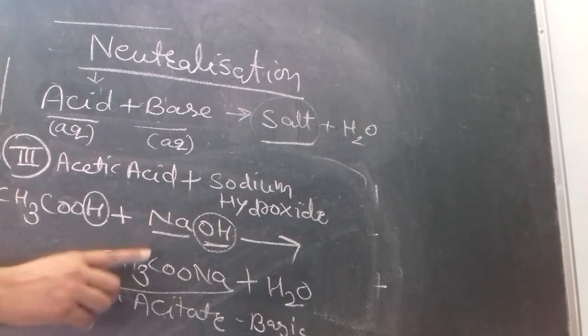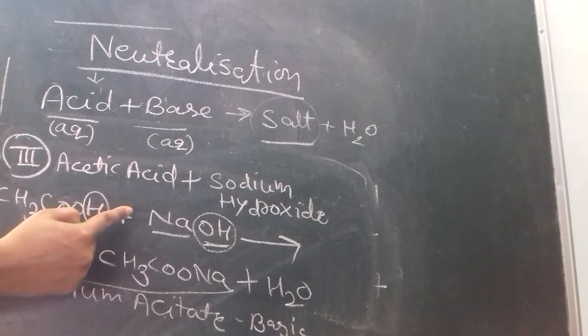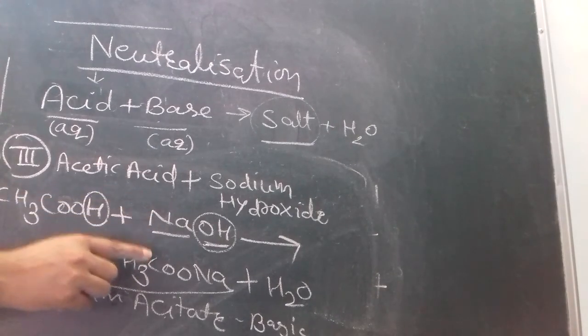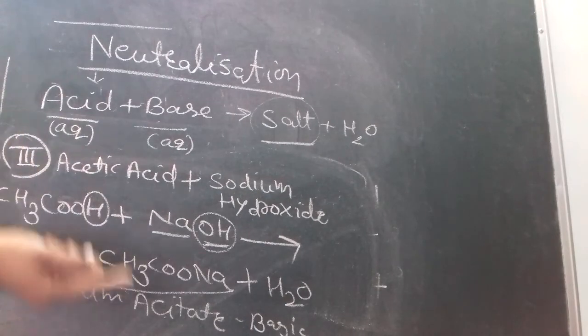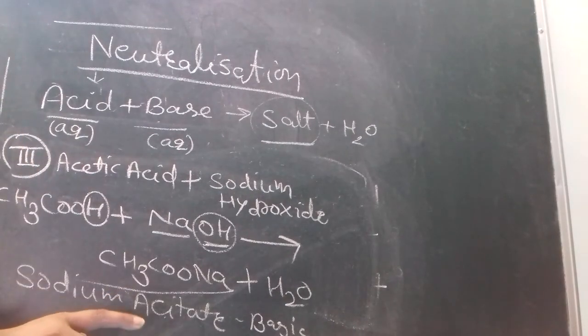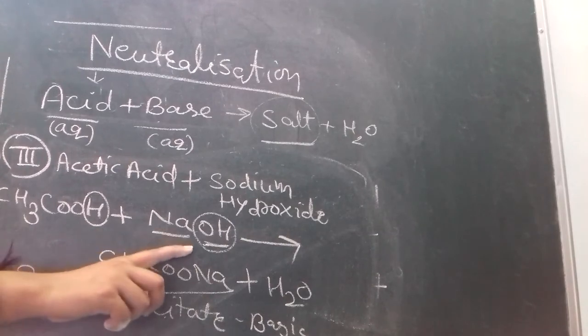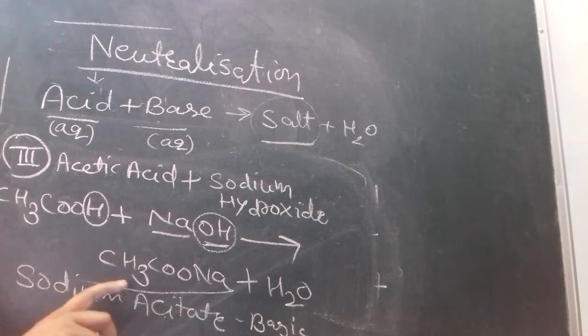One reason. Second reason, the strong base completely ionizes in water and weak acid does not completely ionize in water. This is another reason. And the solution has more concentration of hydroxide ion, so the salt will be basic in nature.